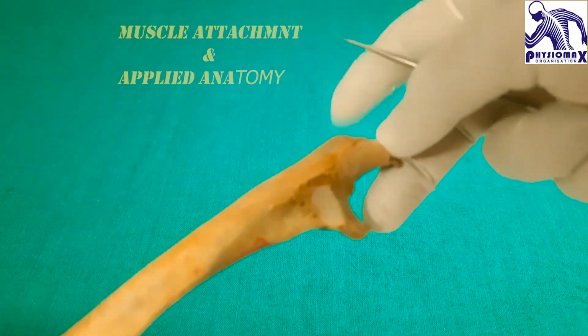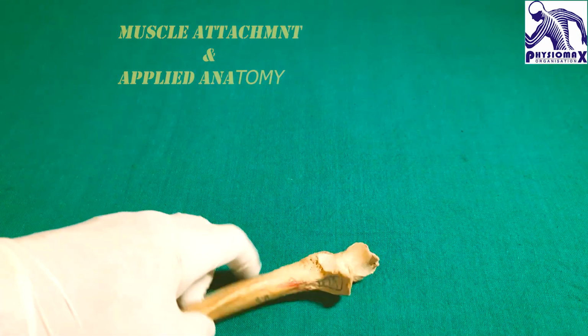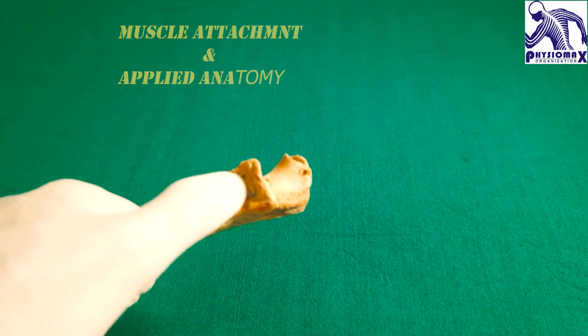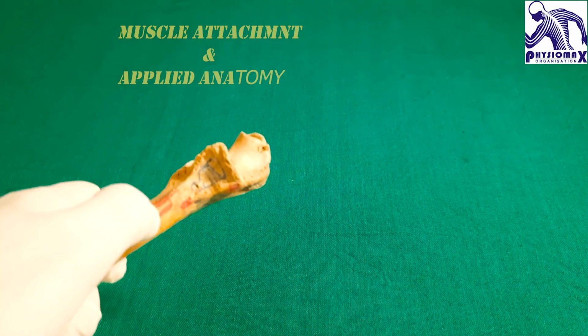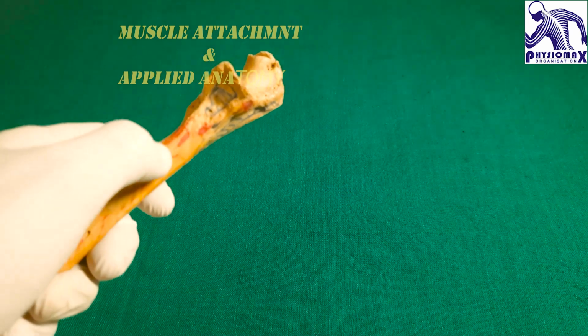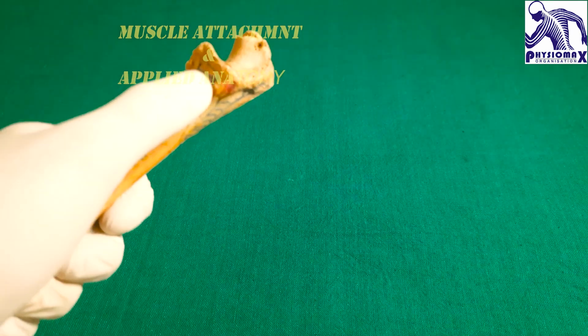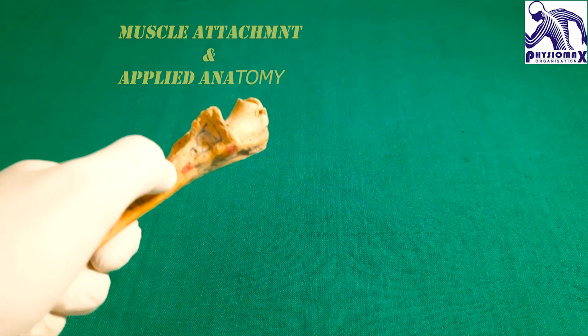If I see over here, that's the medial area, and here you can see the origin of the flexor carpi ulnaris, and this is the highest origin of the flexor digitorum profundus. So these are the two regions.